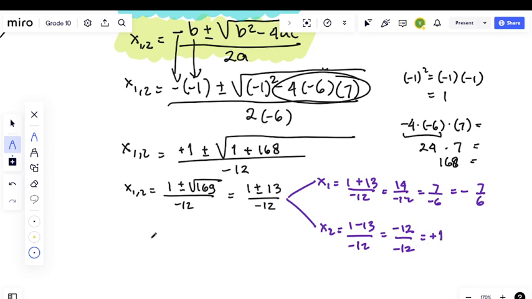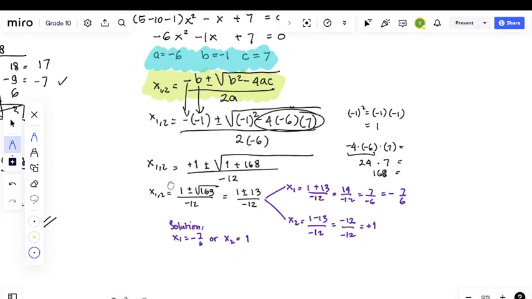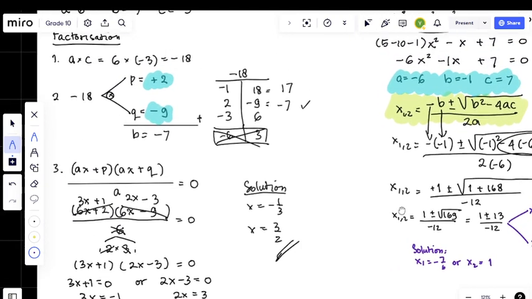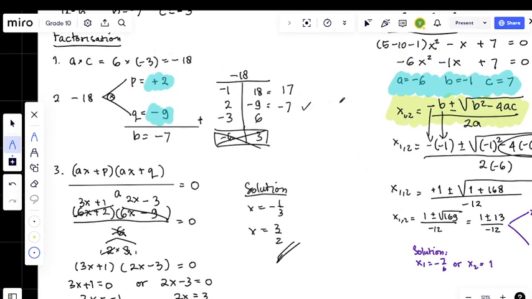Okay, so then for the solutions, x1 is negative 7 over 6, or x2 is plus 1. Okay, yeah. These are 2 examples of how we use the method. Yeah, I leave it to you to choose. Are you going to use the factorization, or are you going to use the quadratic formula?